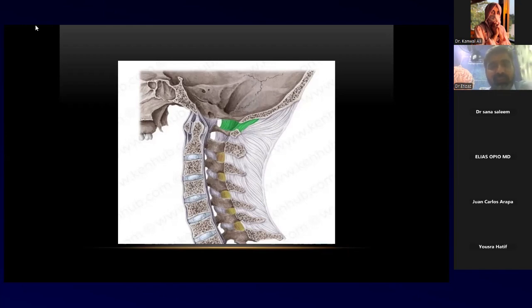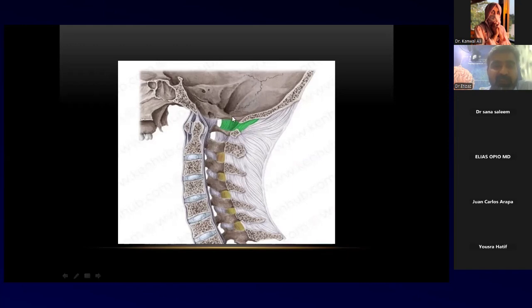Same as with C1, C2 fusion, we have to look at the ligaments of the craniovertebral junction for OC1, like C1, C2. A lot of ligaments are there, the most important one being the transverse atlantal ligament. When we talk about the occipital-cervical C1, there are two main important ligaments.